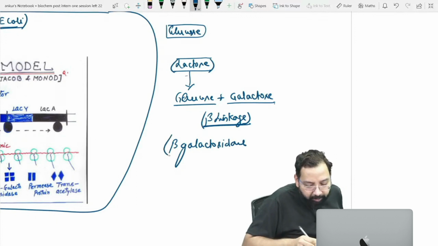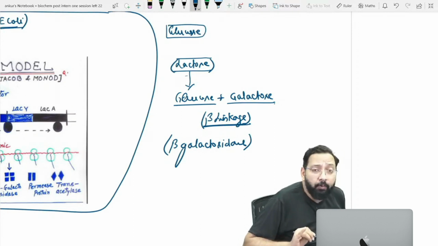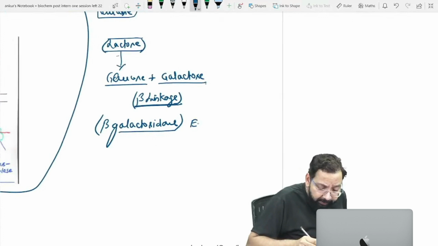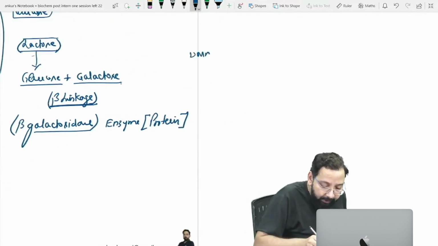So lactose can be utilized by E. coli, but E. coli requires an enzyme, beta galactosidase. All enzymes are proteins, and you all know DNA is there, DNA to RNA, RNA to protein.